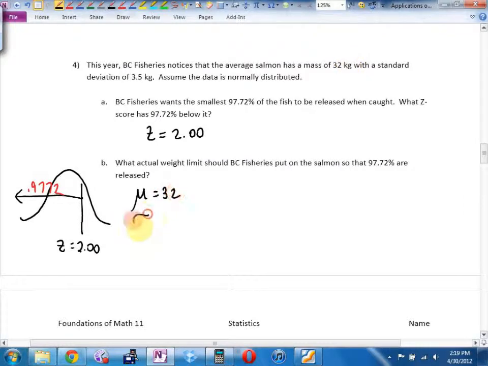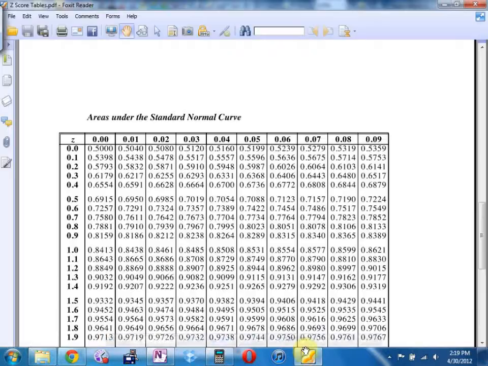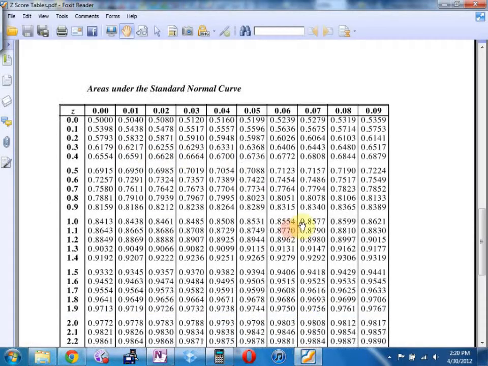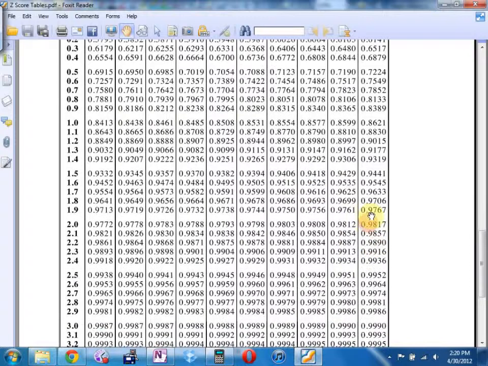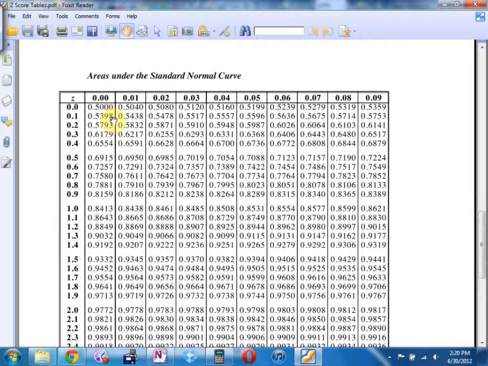Do we know the standard deviation, Colleen? What? Do we know the Z-score that goes with 97.72%? Yeah. From the chart. Now I'm giving you a percentage, so we found 97.72%, which was 2.00. Okay.